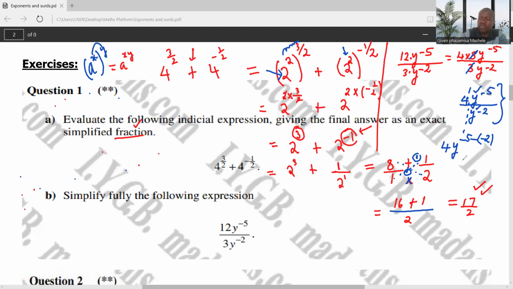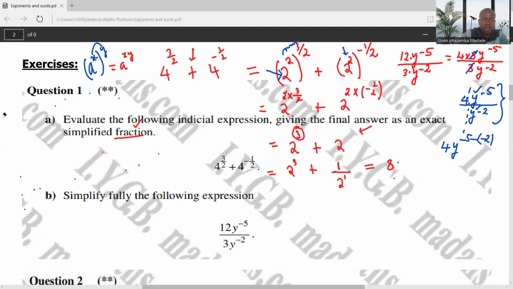So this will give us 4y to the exponent minus 5 plus 2. I apologize, because minus into negative 2 gives us positive 2.